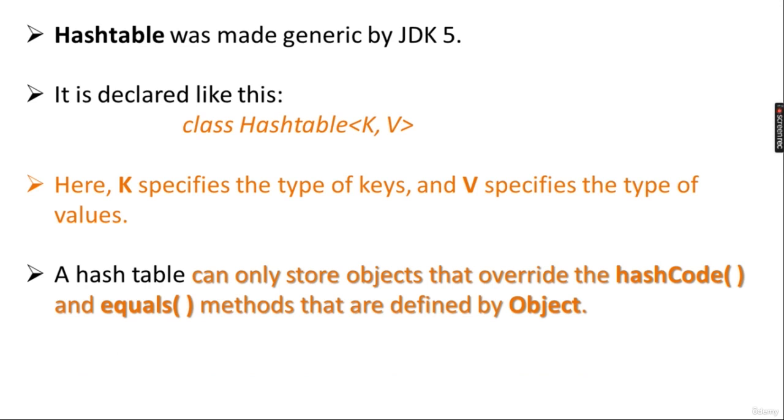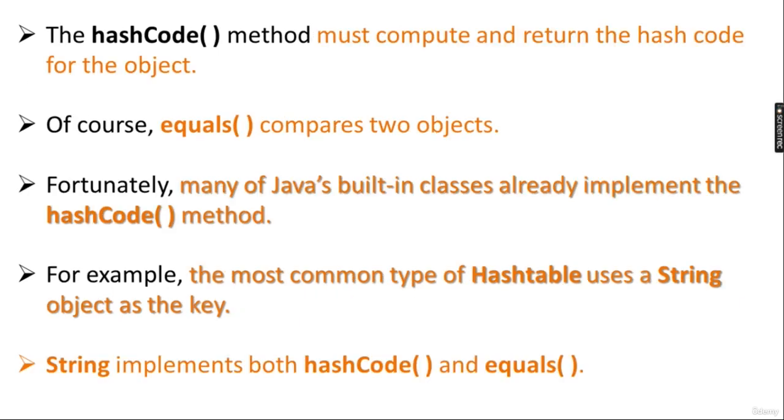It can only store objects that override the hashCode and equals methods that are defined by class Object. hashCode must compute and return the hash code for the object every time. equals compares two objects. Fortunately, many of Java's built-in classes already implement the hashCode method. So no need to worry about it.